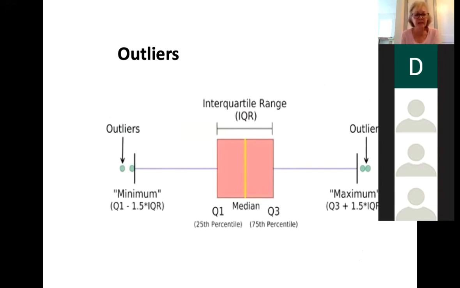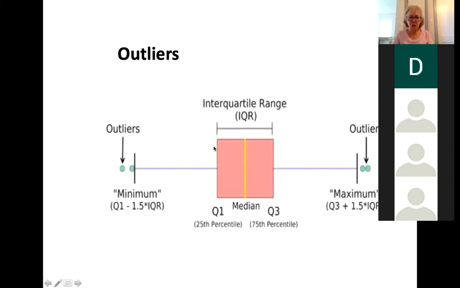Sometimes we have data that have extremely small values or extremely large values, but it's not up to us as non-statisticians to say, I think that's really small, or I think that's really large. We have to have a rule for that. Here's the rule. You calculate a fence, an invisible barrier.